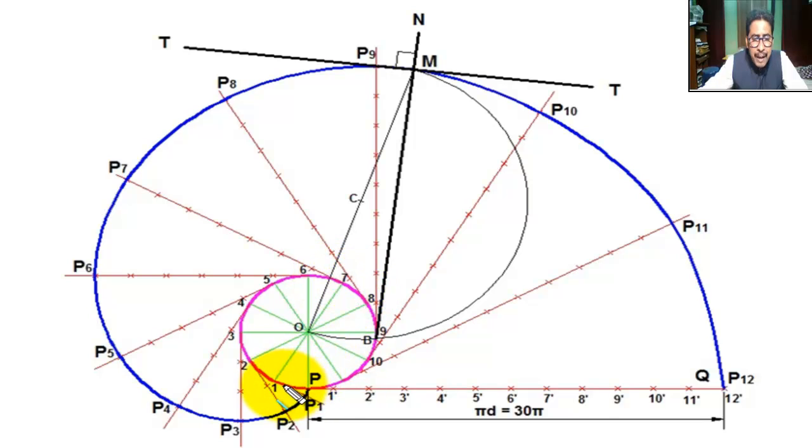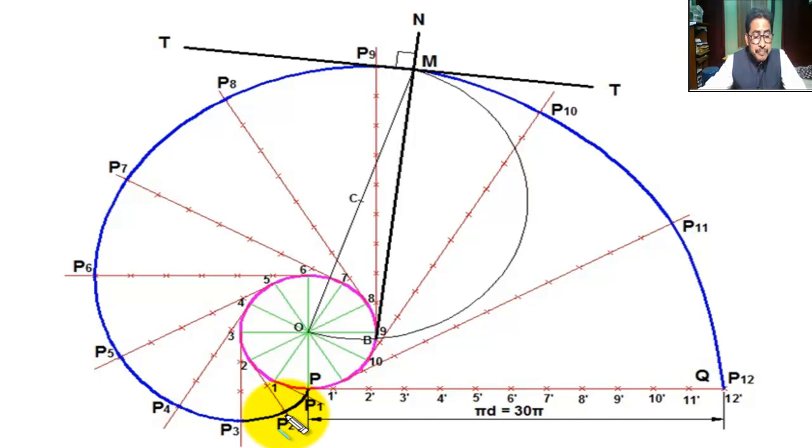Each of the 12 equal parts of the circle is equal to the 12th part of the line. This is the perimeter of the circle, and this part is equal to this part, this part, this part. Okay.